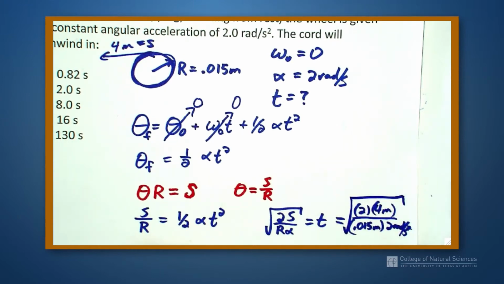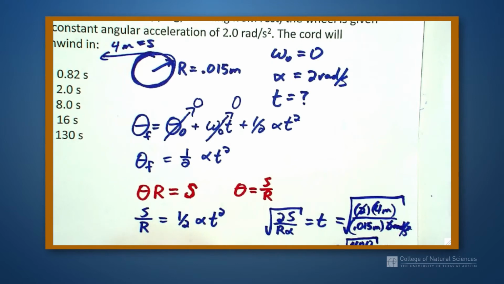And if I did everything correct, I plug this in, the 2 will cancel with 2. I have 4 divided by 0.015, so this is 400 divided by 1.5, 2 decimal spots over, 2 decimal spots over. And this is going to be square rooted, and it's going to give me seconds at the end.